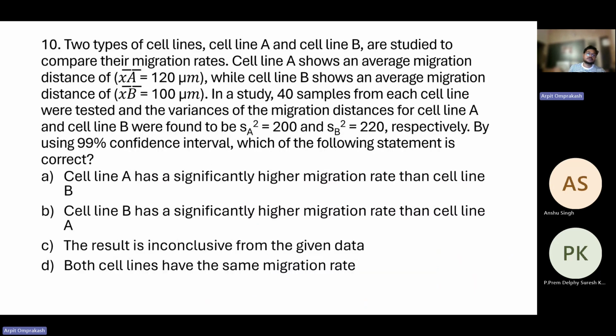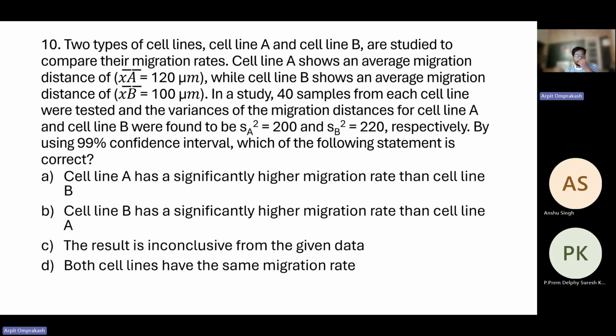Yeah. So the next question is, two types of cell lines, cell line A and cell line B, are studied to compare their migration rates. Migration rate is how fast these cells are moving in a medium, right? Cell line A shows an average migration distance of 120 micrometer, while cell line B shows an average migration distance of 100 micrometer.